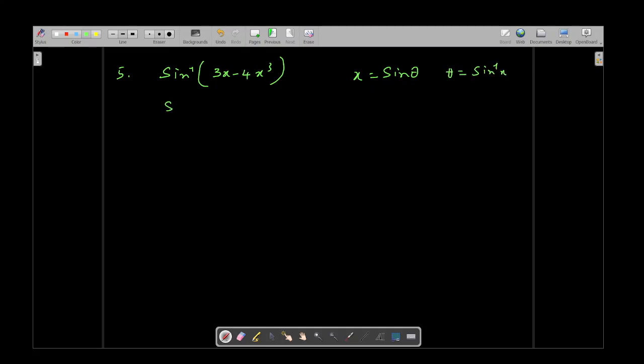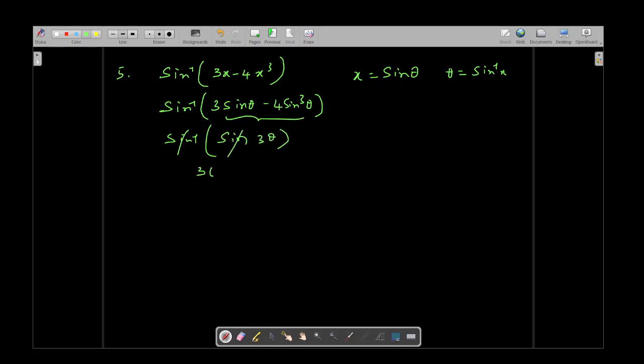So sine inverse of 3 sine theta minus 4 sine cube theta is sine inverse of sine 3 theta. I can cancel sine inverse and sine. I'm left with 3 theta, which is 3 sine inverse of x, since theta is sine inverse of x. So this value is 3 sine inverse of x. Directly we can write.